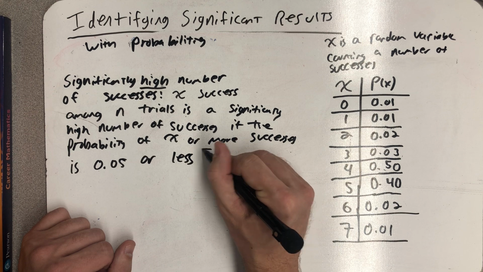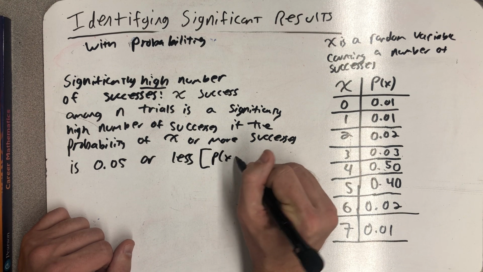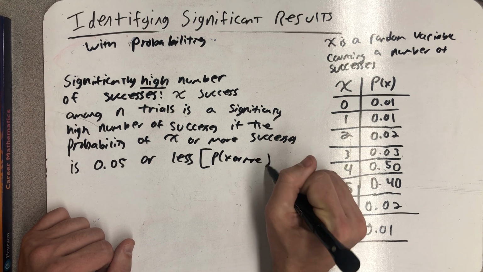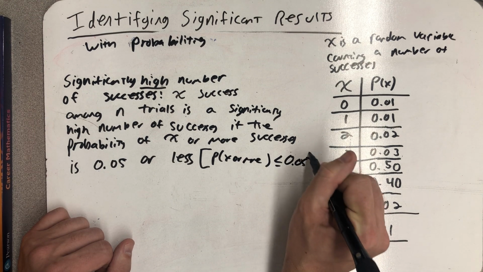And so we can write that as a probability statement. P of x or more is less than or equal to 0.05.